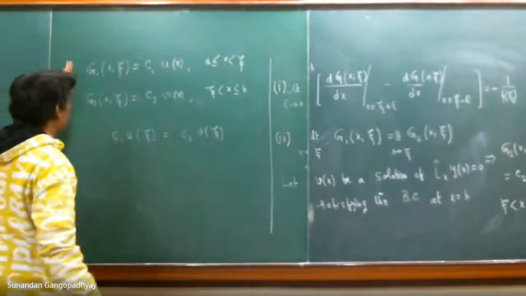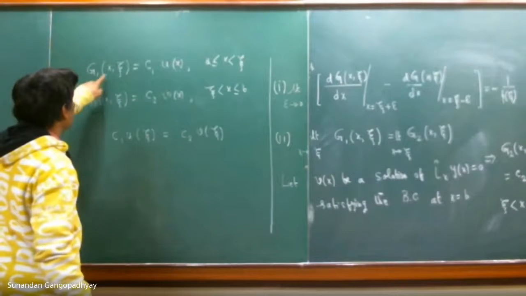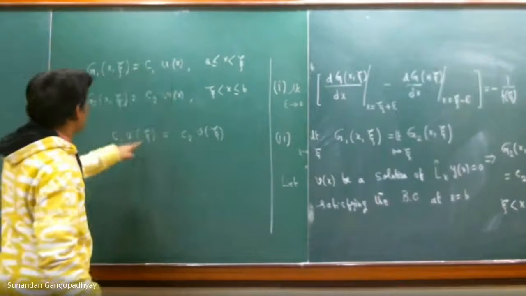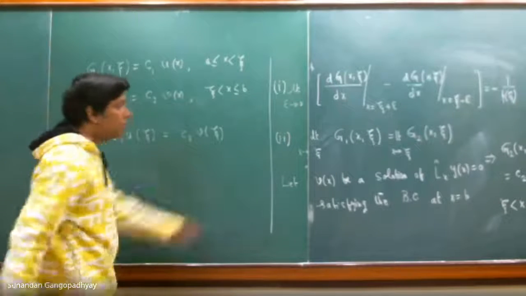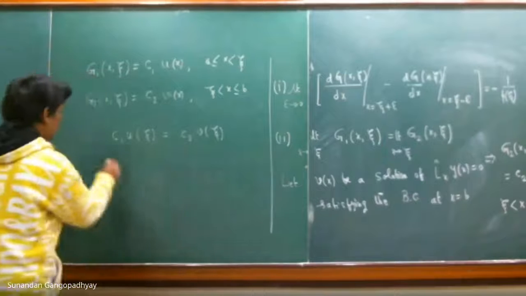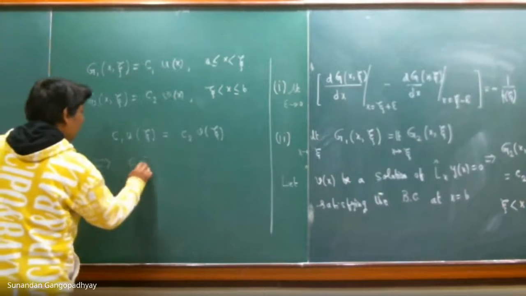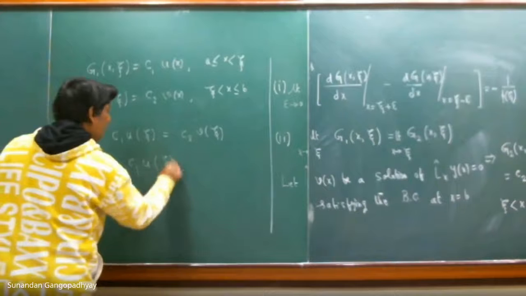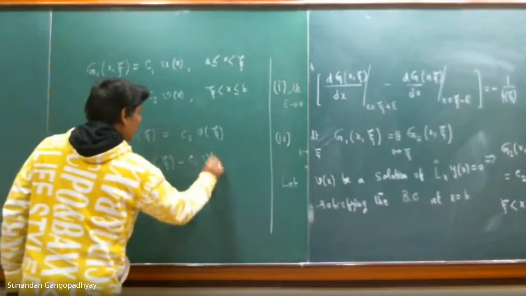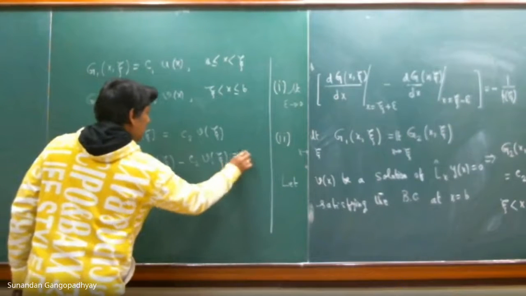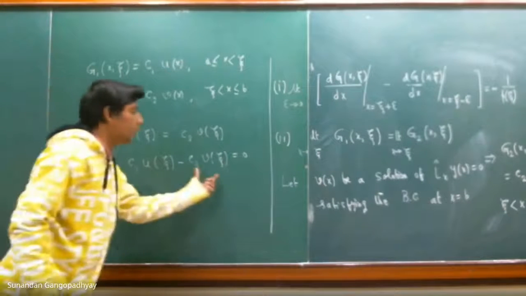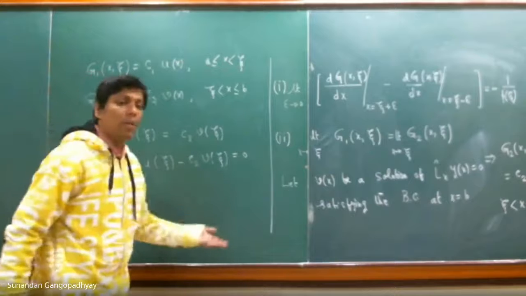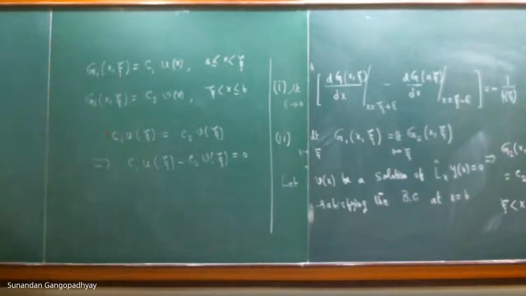You calculate what g1 at x is equal to xi is, and g2 at x is equal to xi is c2 v of xi. Equate the two. This implies that c1 u of xi minus c2 v of xi is equal to 0. This is the first equation for u and v, because u and v are the unknowns for us. If you can calculate what u and v are, you know what the Green's function is.